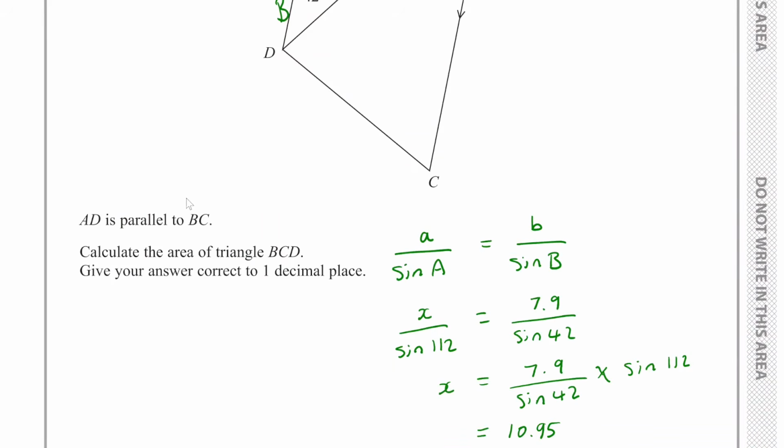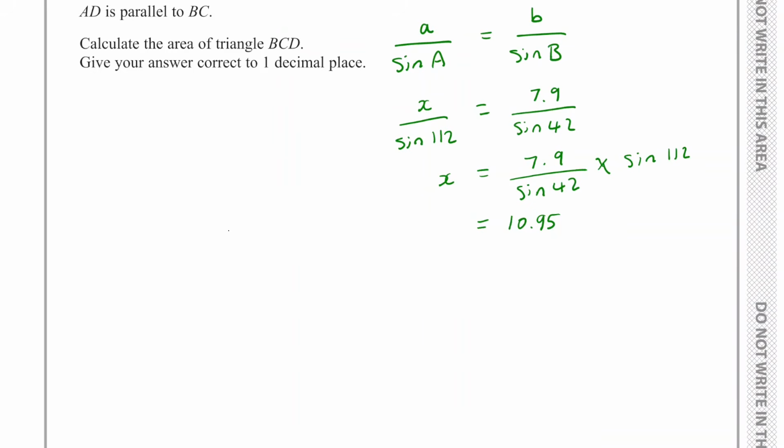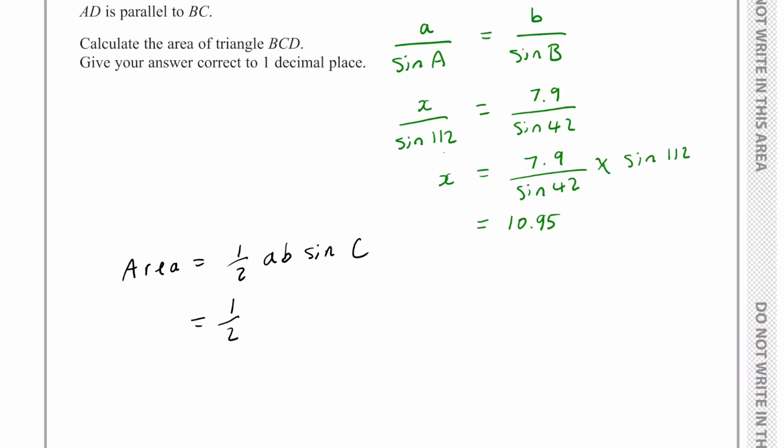We want the area of the triangle, so we're going to use half ab sine C. So area is equal to half ab sine C. So in this case, we're going to have a, b, and big C. So it's 10.95, 15.3, 42. So half of 10.95 times 15.3 sine 42.